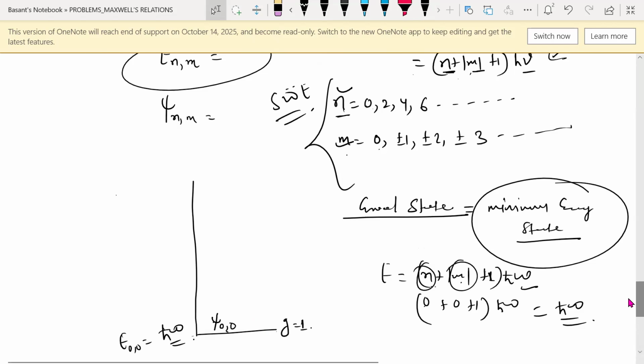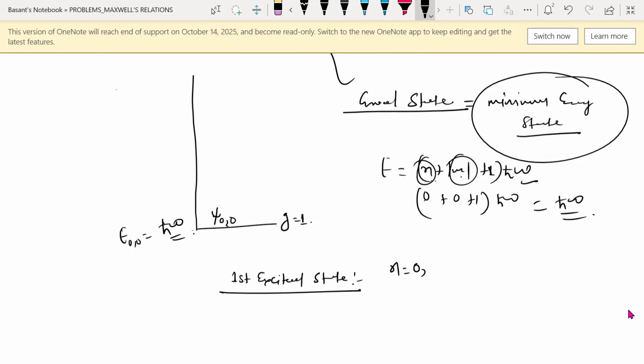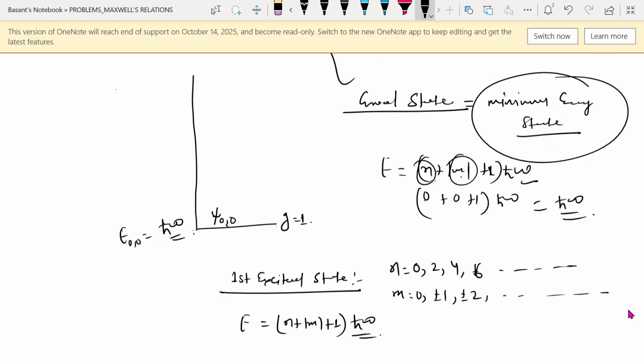Now, for the first excited state, since n is equal to 0, 2, 4, 6, etc., and m is equal to 0, plus minus 1, plus minus 2, etc., and the energy expression is n plus mod m plus 1 times h bar omega, I have to take n and m values such that the energy is higher than the ground state h bar omega, but not too much higher.